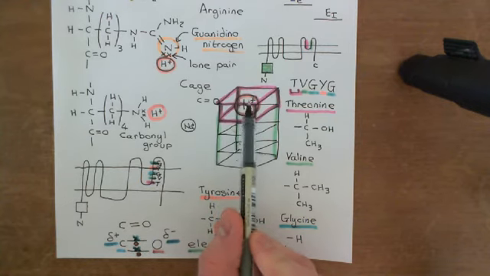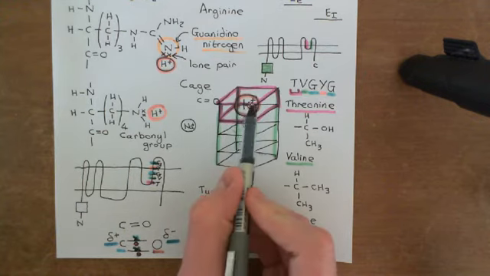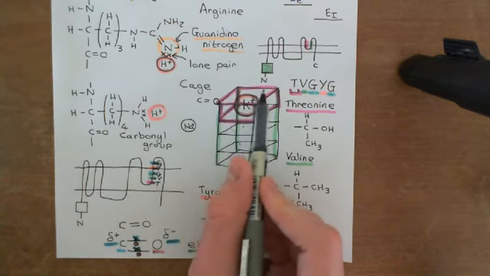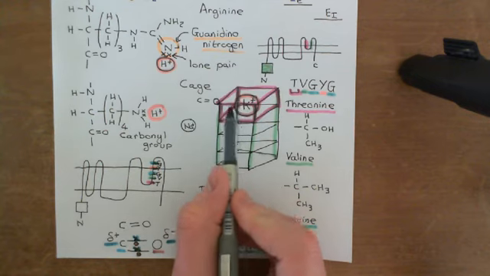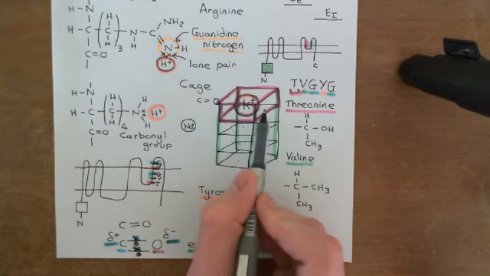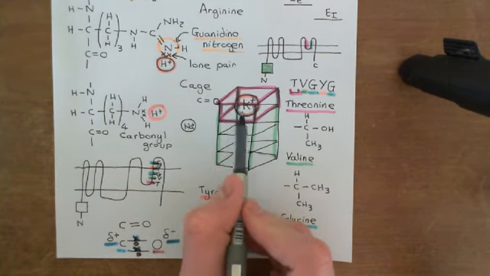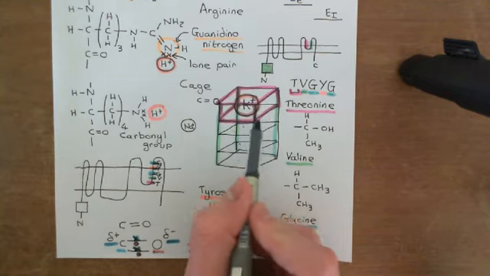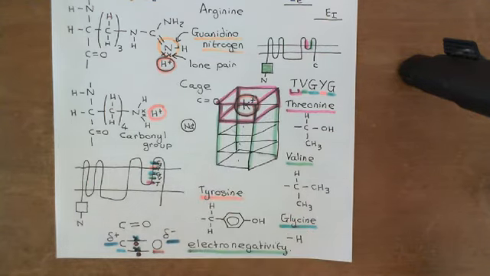Okay, and the reason that this selectivity filter is selected for allowing potassium to move through it is that only potassium is going to fit there nice and snugly and be able to interact with these 8 corners of the binding site in such a way that the amount of energy that you will release from that binding is going to be greater than the amount of energy you have to put in to pick off the 8 water molecules that make the hydration shell of the potassium ion.